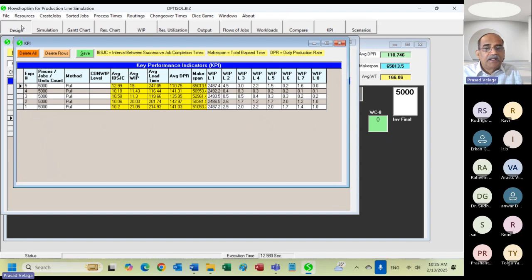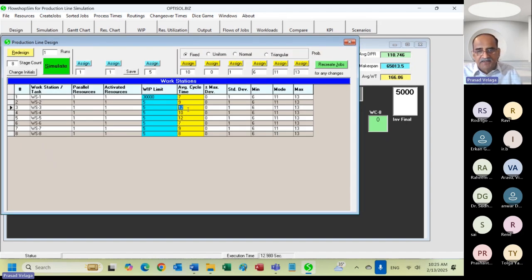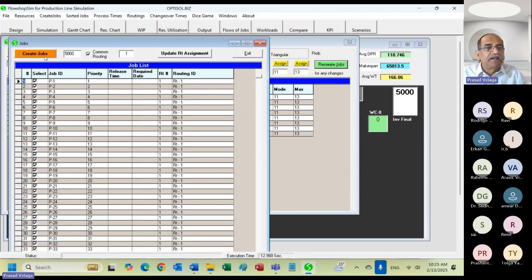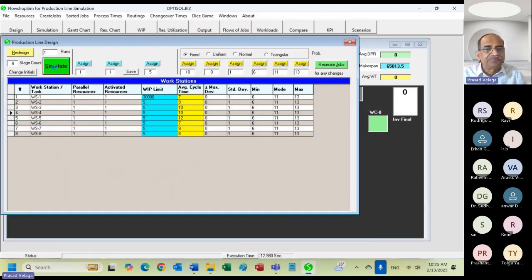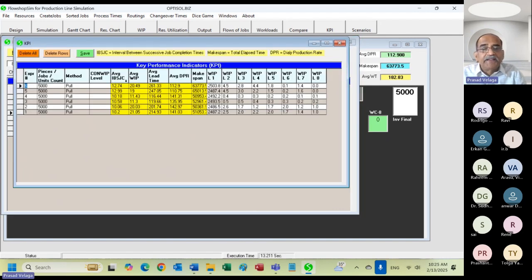I will reduce the cycle time by 20%, from 12 to 10, and let me create the jobs accordingly. Because the third machine is a bottleneck and very busy, I reduced its cycle time with some effort by 20%, and I want to see the advantage, how much I save. The daily production rate increases from 112 to 113.